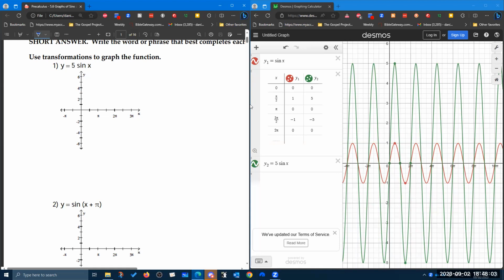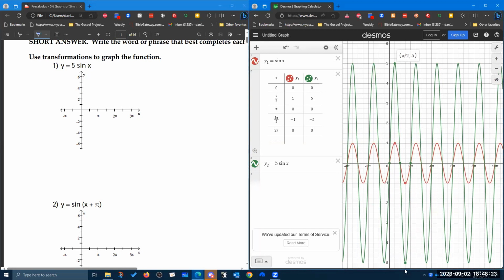We've typed in y equals 5 sine x into y2, our green function here. And you can see that I used this table to show you those same characteristic points. The zeros are the same, but the maximum is now at 5 and the minimum is now at -5.